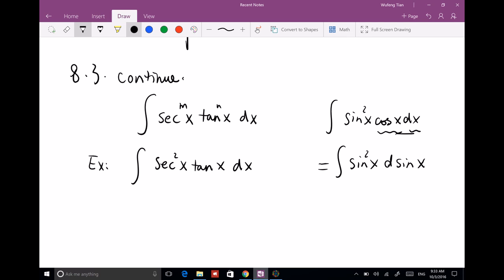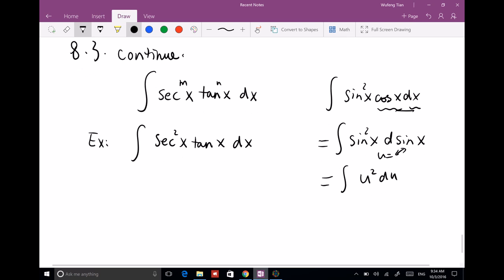Then you can use u substitution as u squared du, where u equals sine x. And then you get u cubed over 3 plus c. Converting it back, it is sine x cubed over 3 plus c. Right? That's what we do. So now, if I have secant and tangent, you do exactly the same thing.